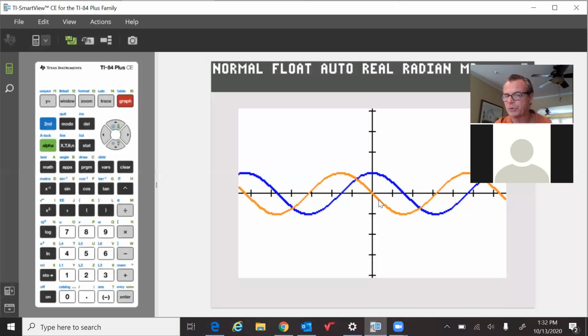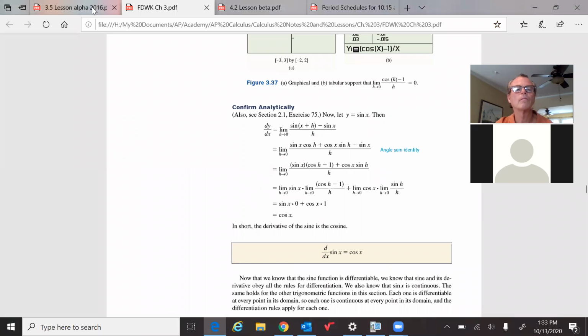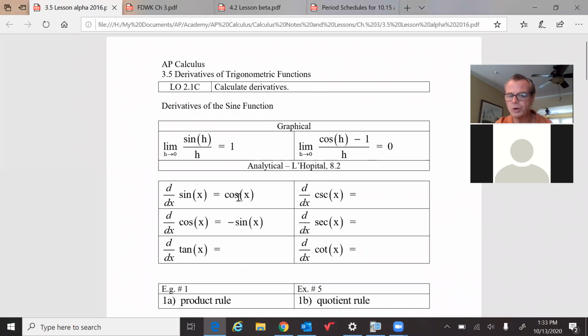See, it's opening down through the origin instead of opening up. So that's going to give us these two derivatives. The derivative with respect to x of sine x is cosine x. The derivative of cosine is negative sine.